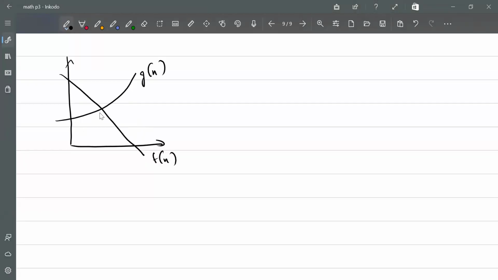But this time, this area is required. So in order to find this area, the integral from a to b of f(x) minus the integral from a to b of g(x).